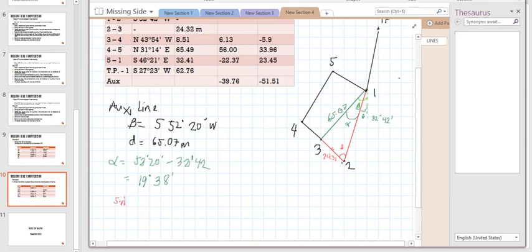So sine of this angle theta divided by the distance 65.07 must be equal to the sine of alpha, 19 degrees 38 minutes, divided by the distance 24.32.